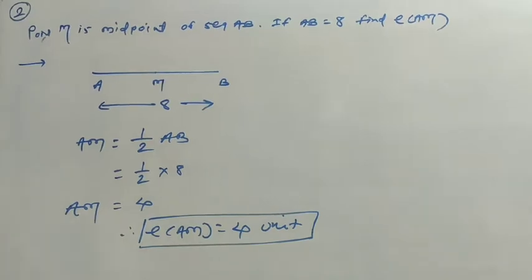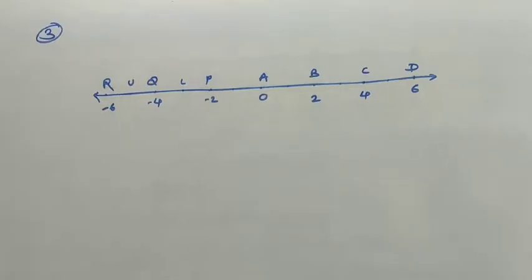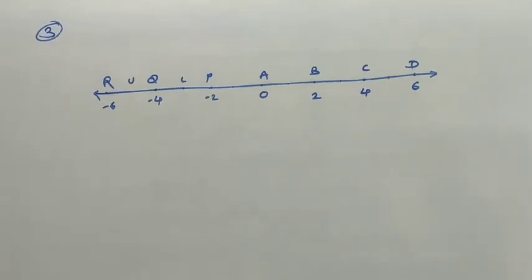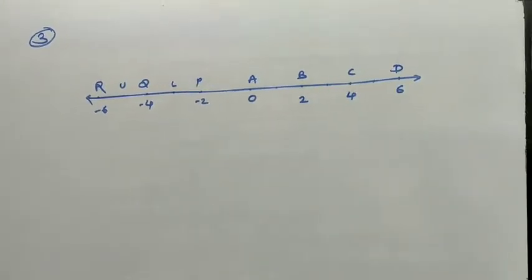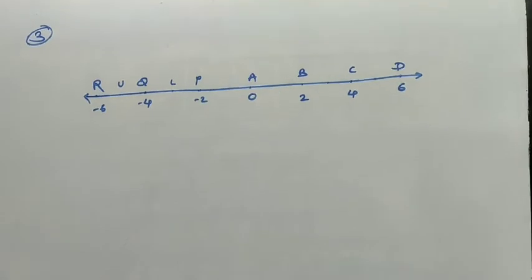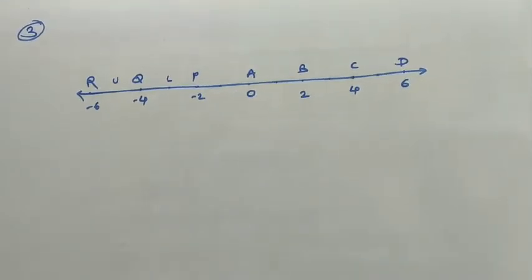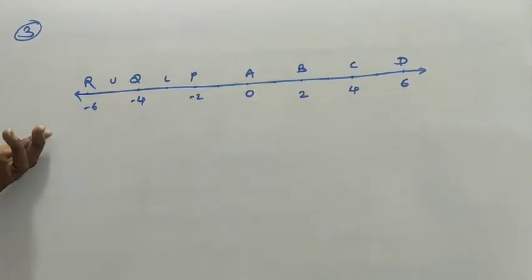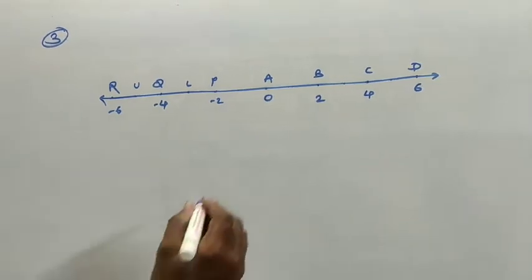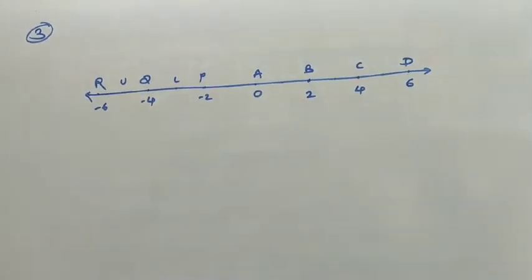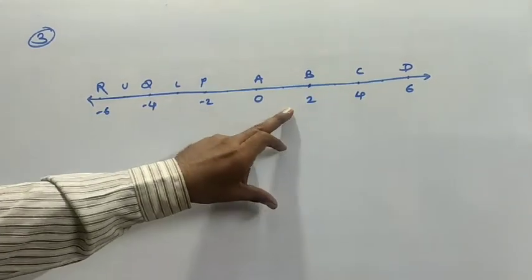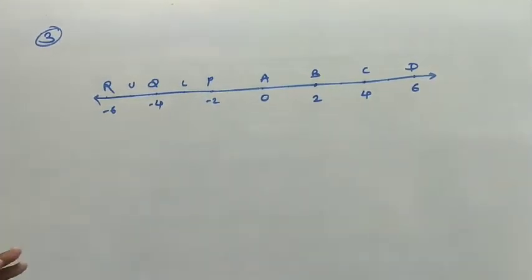Now, next question. State the points which are equidistant from point B. Look at this number line. Point B is here.